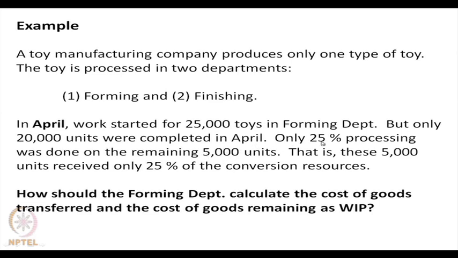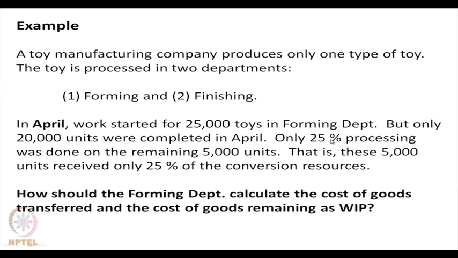That means, only after some more processing to the extent of 75%, these 5,000 units would be considered to have completed, and then they could be transferred to finishing, but 75% work remains to be done.